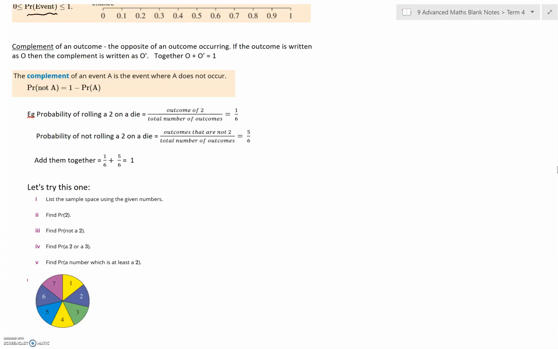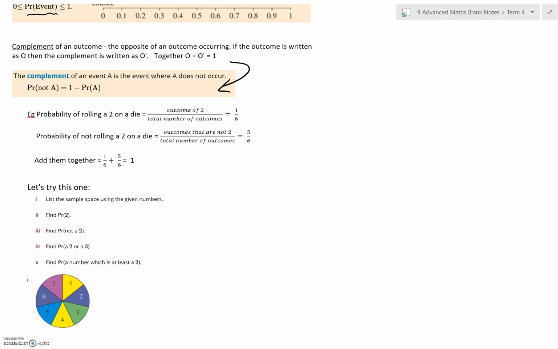And what's really useful about this is we can rearrange that formula to this and often save ourselves quite a bit of work in finding something. So the probability of not getting an A equals 1 minus the probability of getting that A. I'll show you an example of one as well. So here's some examples. The probability of rolling a 2 on a die is how many 2s there are over the total number.